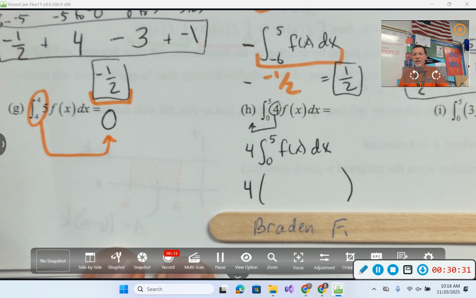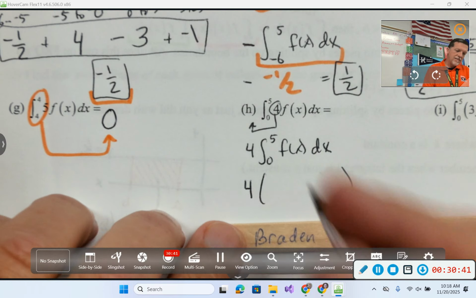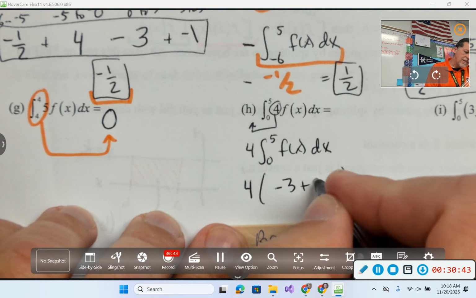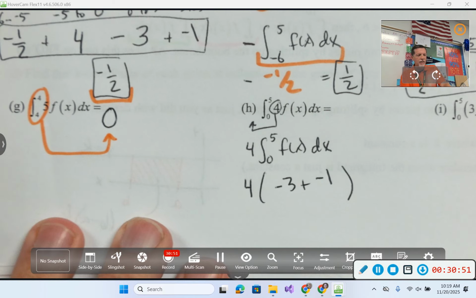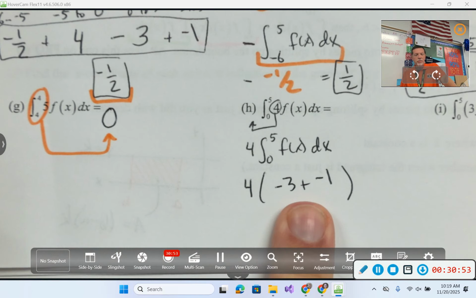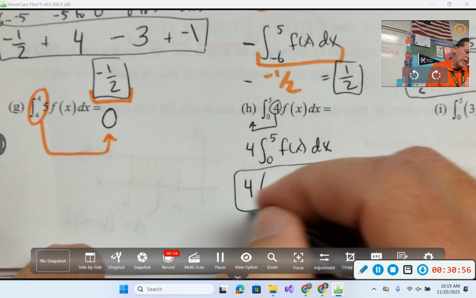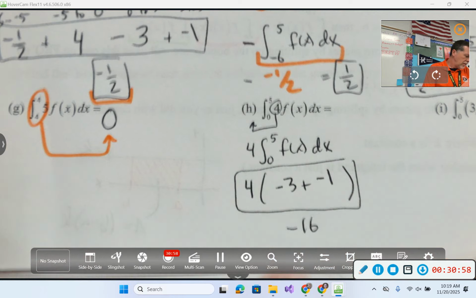We've labeled things. What's the integral from 0 to 5, Braden? Good. I'll write exactly what you said. -3 plus -1. Because that's how you would see it. You'd see the 2 triangles, -3 and -1. And then that would be a safe stop, so you could just stop there and call it a day. -16.